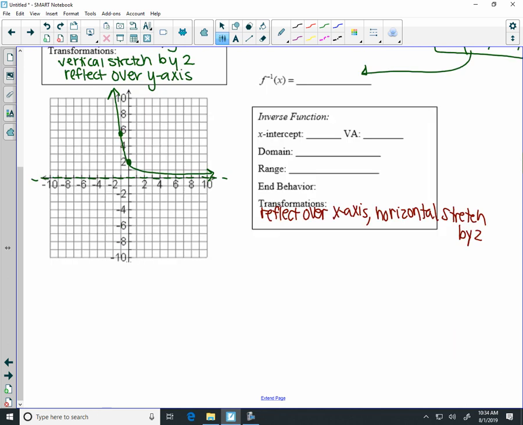So I need to think through that reflection really quick. Usually my logarithm looks like this. To reflect it over x means that it's going to look like that. My asymptote is going to be the same as the parent function, at x equals 0.